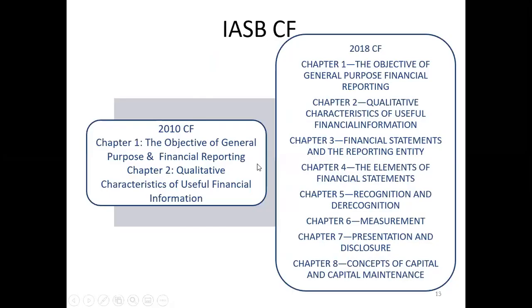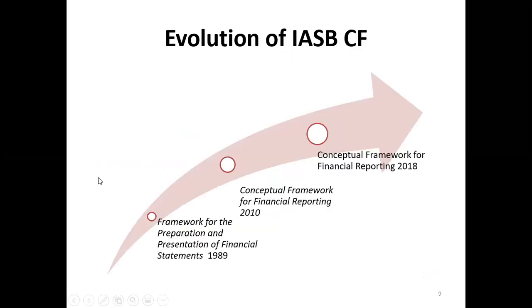The thing is that, as I told you, in 1989 we already had that conceptual framework. Then this is what they revised from the IASB side. This is what they wanted to revise, but all they could revise was only the first 2 chapters. So if you take the 2010 conceptual framework, only the first 2 chapters were updated.